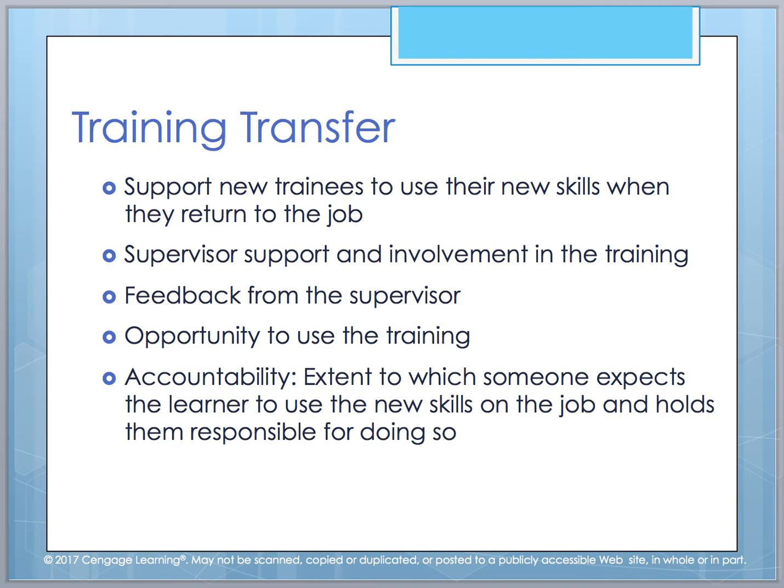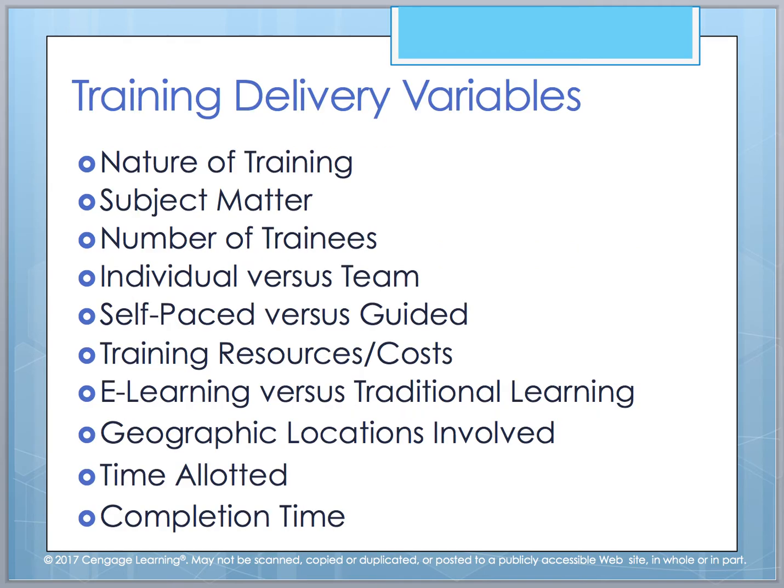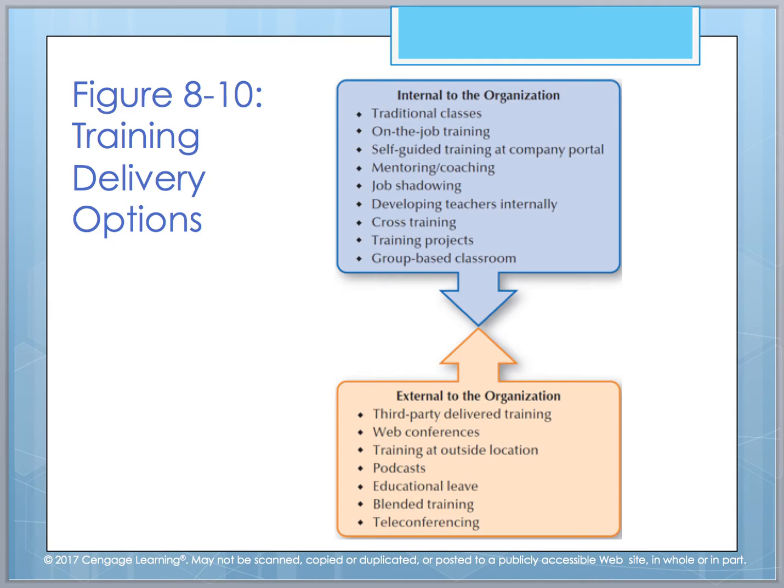It's great if you can have feedback from coworkers and the opportunity to use the training. What is also very key is accountability. You expect that the new skills on the job are going to be applied, and you're going to hold them responsible for doing so. There are different delivery variables: subject matter, number of trainees, time allotted, completion time, geographic locations involved.